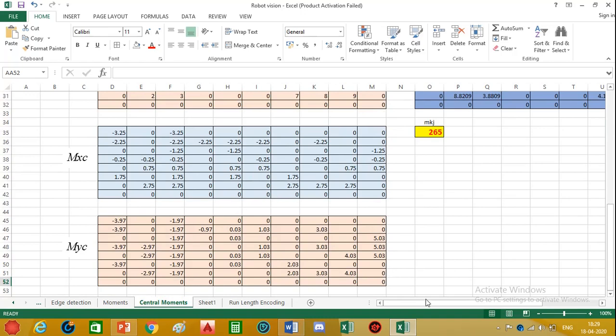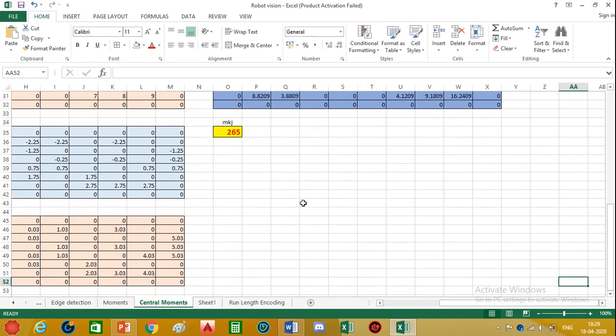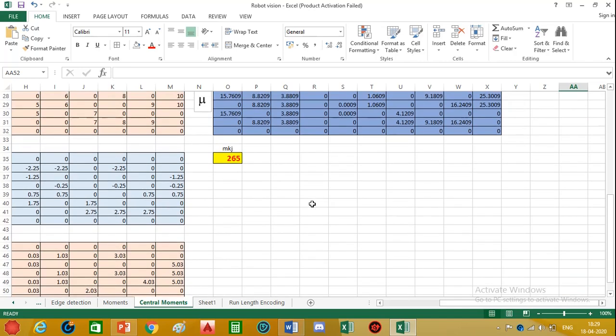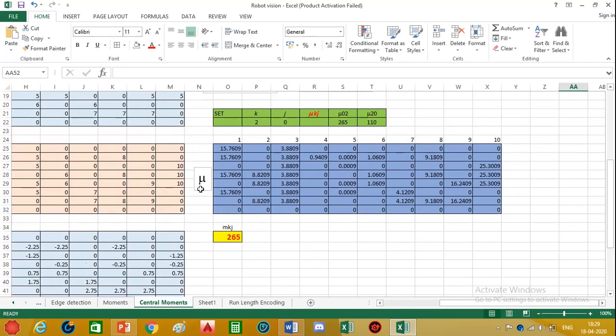Then we set k is equal to 0 and j is equal to 2 to evaluate the matrix mu. The matrix mu is obtained by taking the product of the elements of matrix mxc to the power of 0 and the elements of myc to the power of 2, as given in this particular formula.